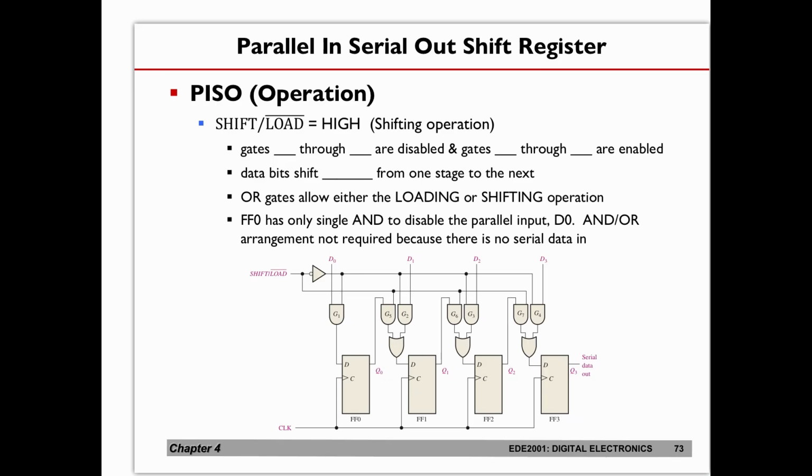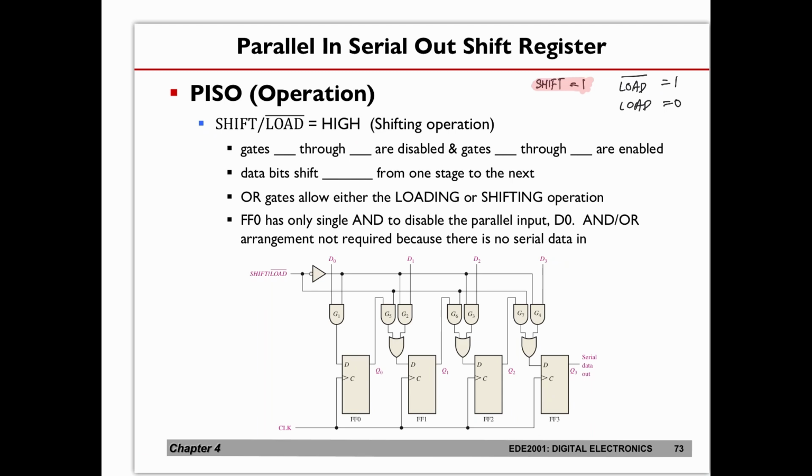The moment I put shift equal to high, or load bar equal to high, it means that load is equal to 0. So we are going into the shifting mode. And the first thing you should look at is which of the AND gates here will be activated and which will not be. So let's take a look at this.